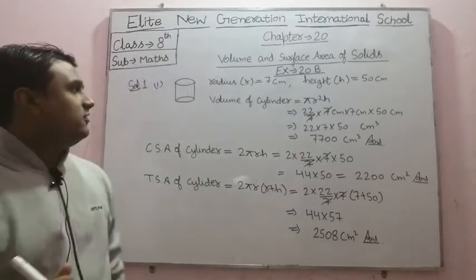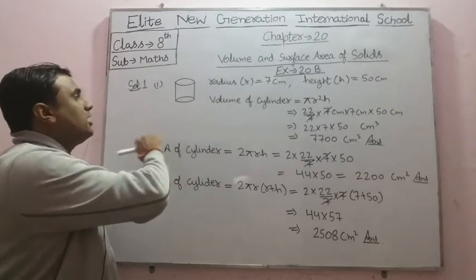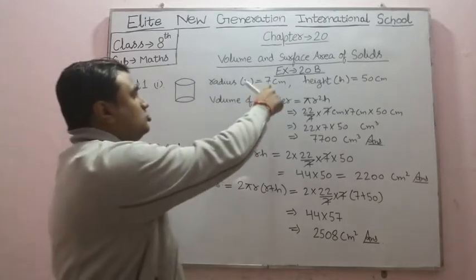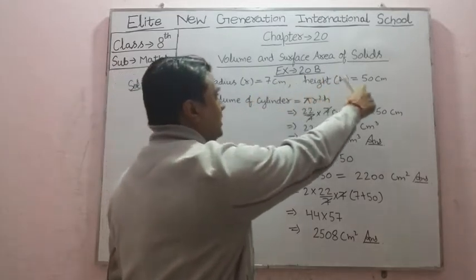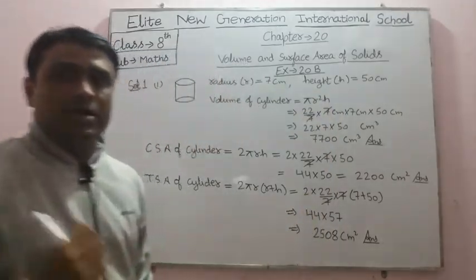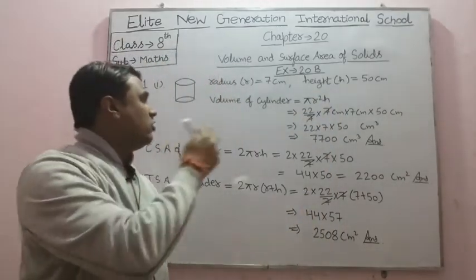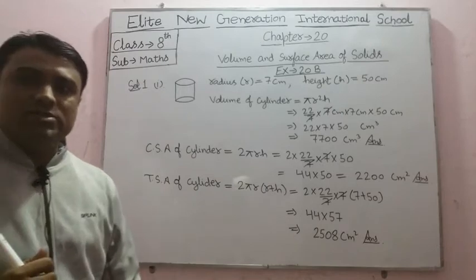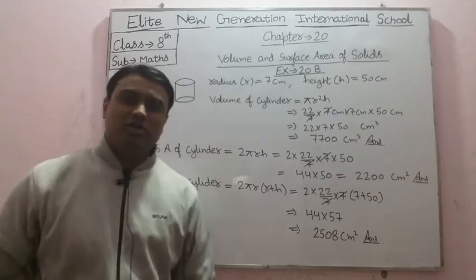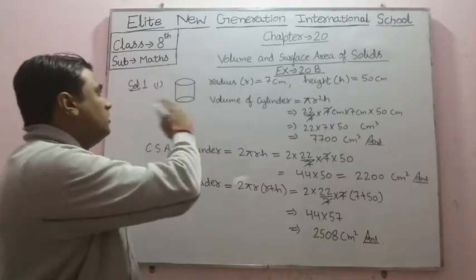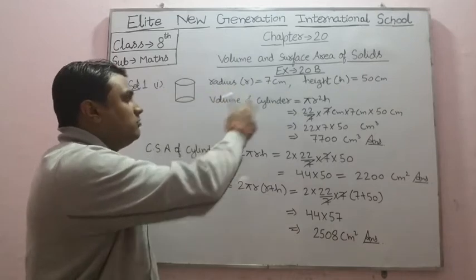In the first part, the radius is equal to 7 centimeter and the height is equal to 50 centimeter. First we have to find the volume of the cylinder.